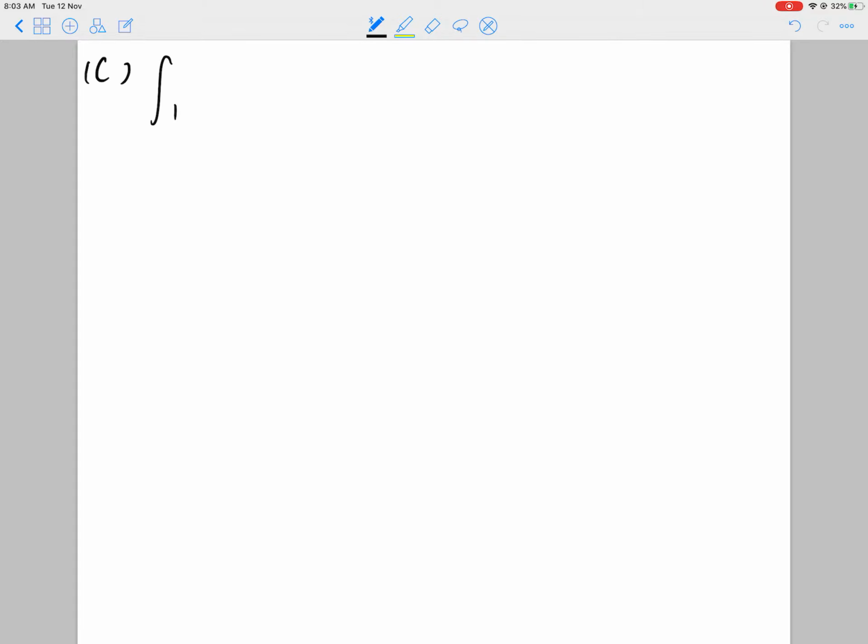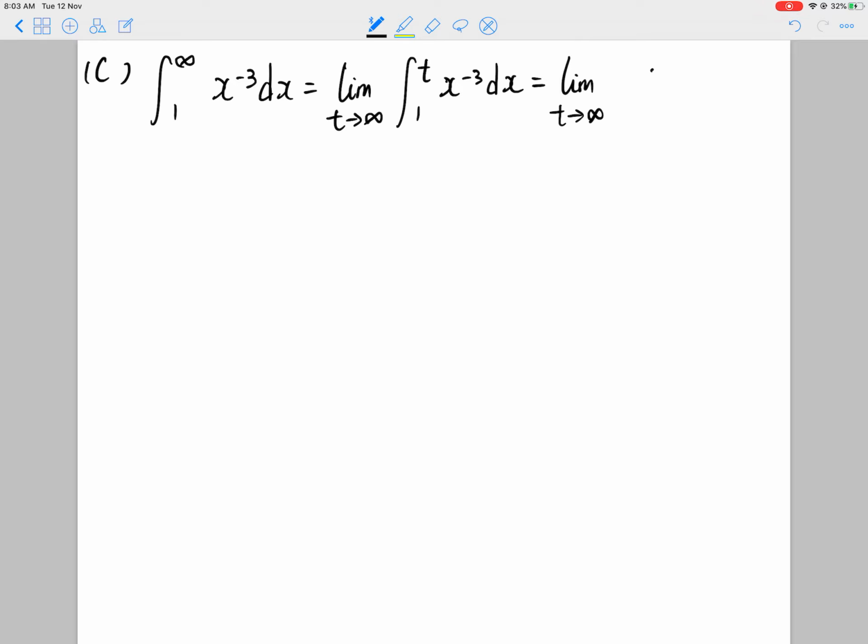Okay, part C, from 1 to infinity, x to the power of negative 3 dx. Obviously when x is infinity, this thing is not defined. So it's the limit as t approaches positive infinity, from 1 to t, of x to the power of negative 3. So it's x to the power of negative 2 times 1 over negative 2, from 1 to t.